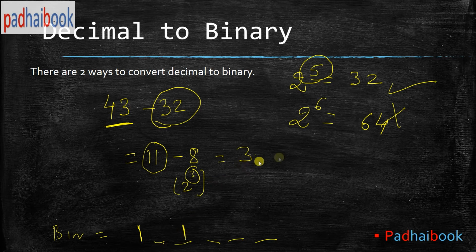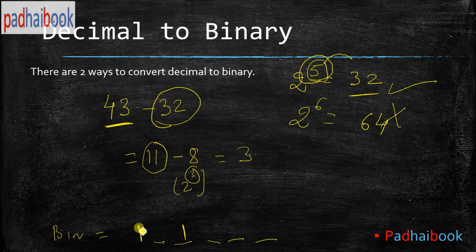Why do we do this? Whatever greatest power of 2 we are subtracting from the given number, we place 1 at one position more than that power. Since in this case we subtracted 2 to the power 5, I put 1 on the 6th position.